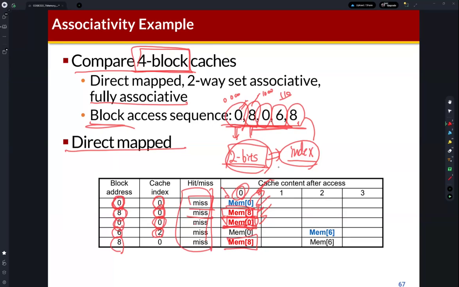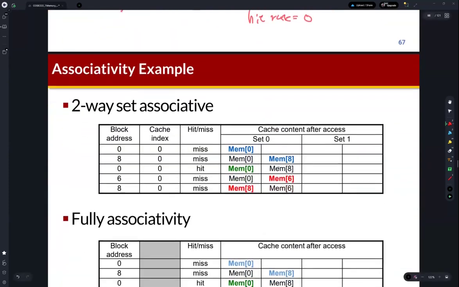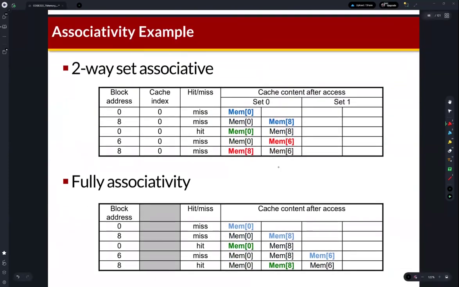All misses. There are 5 cache accesses, but all cache accesses are missed in the direct mapped cache, right? So the hit rate is 0.